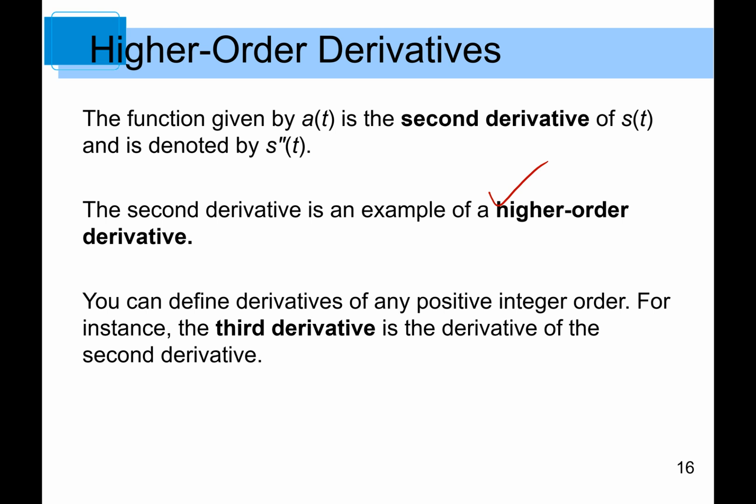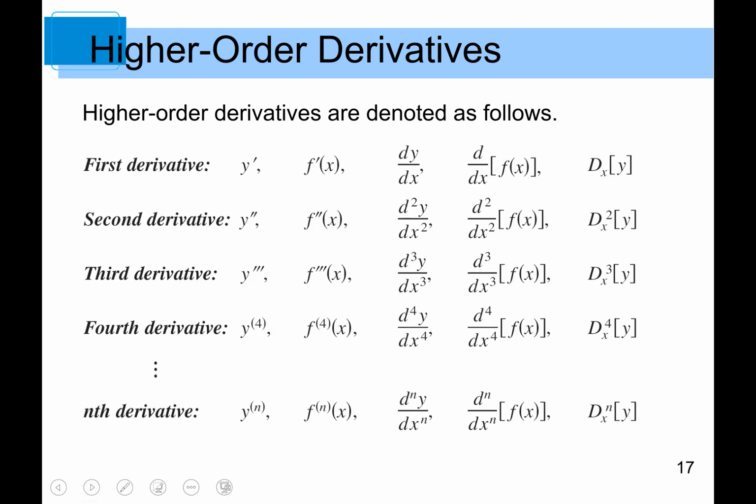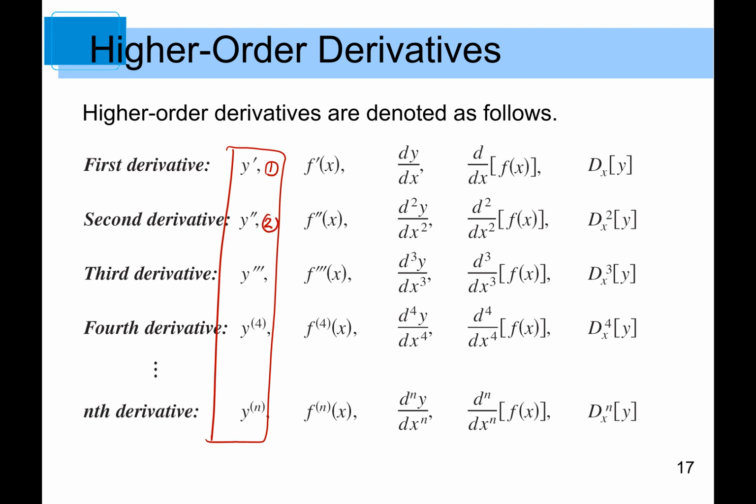You can define a derivative of any positive integer order. For instance, the third derivative is the derivative of the second derivative. So this is like a sequence, right? First you get y prime, the first derivative, y double prime, the second derivative, y triple prime, the third derivative, y fourth derivative, up to y to the nth derivative.